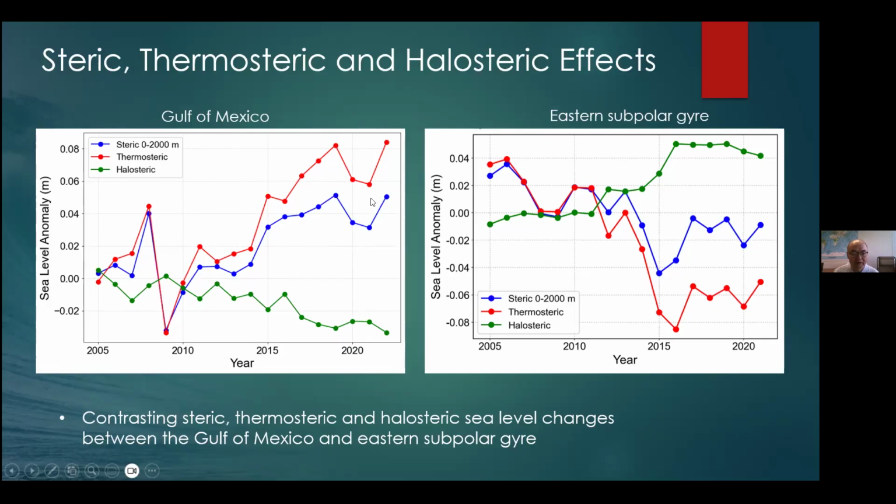If you combine these two effects, you get the steric sea level. There is a steric sea level rise in the Gulf region. So the coastal sea level rise acceleration reflects the basin mean sea level rise in the Gulf. So there are contrasting patterns of dynamic, steric, thermosteric, and halosteric sea levels in the North Atlantic.